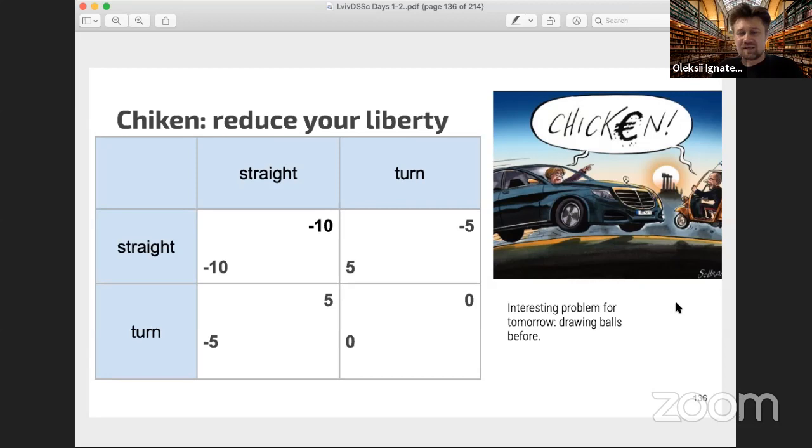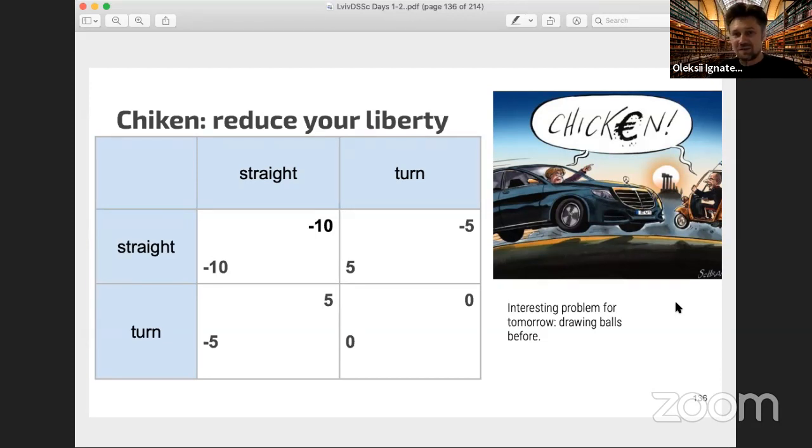For example, take an old movie from my childhood, Cry Baby, with Johnny Depp, and this final scene is an example of this chicken idea. So what is the best way to play chicken? Well, you can speed up your car, and then you just remove your steering wheel and throw it out the window.